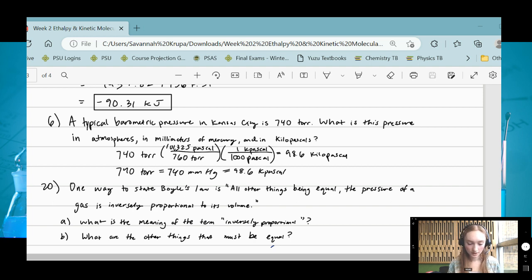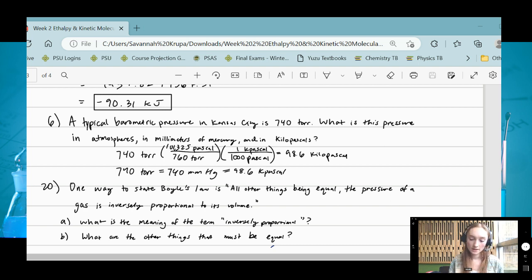So let's move on to the next one, which is very similar. Boyle's Law, we can also talk about the volume and the number of molecules in the gas. If all other things are equal, the number of molecules in a gas is directly proportional to the volume of the gas. What does directly proportional mean, and what are the terms that are equal? Just like the last one, this is the equation that we're working with.